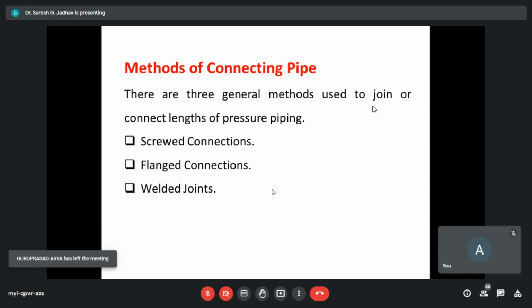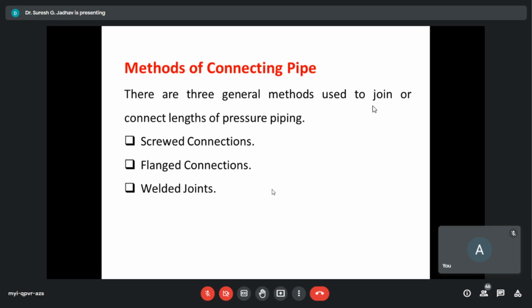Now next method is welded connection. In this method, the pipe lines are welded directly to one another and directly to any walls or fittings that may be required.